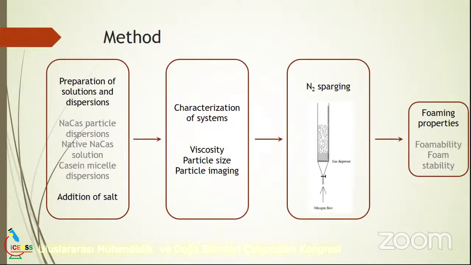We have characterized the systems in terms of their viscosity, particle size, and particle imaging, and then we created the foam by nitrogen sparging. We have used nitrogen because nitrogen has a low solubility in water, so it slows down the disproportionation rate by creating more uniform bubbles. And then we have evaluated the foaming properties like foamability and foam stability, but today I will mostly explain the foam stability.